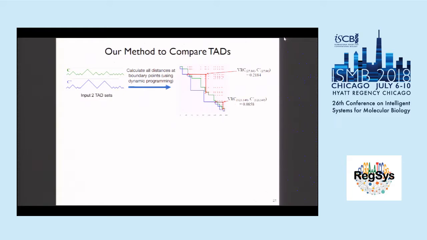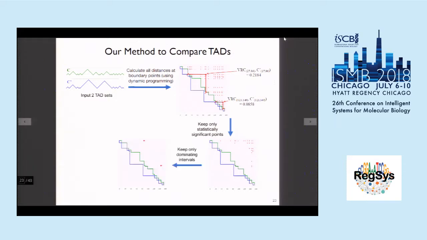And since there's a lot of possible subintervals, we came up with a dynamic programming algorithm to make this computation more efficient. And then we run a statistical significance test to keep only the ones that seem really meaningfully similar to each other. And then to refine the results a little further, we have a heuristic that we call dominating intervals, and the output is, again, regions where the sets seem structurally similar.